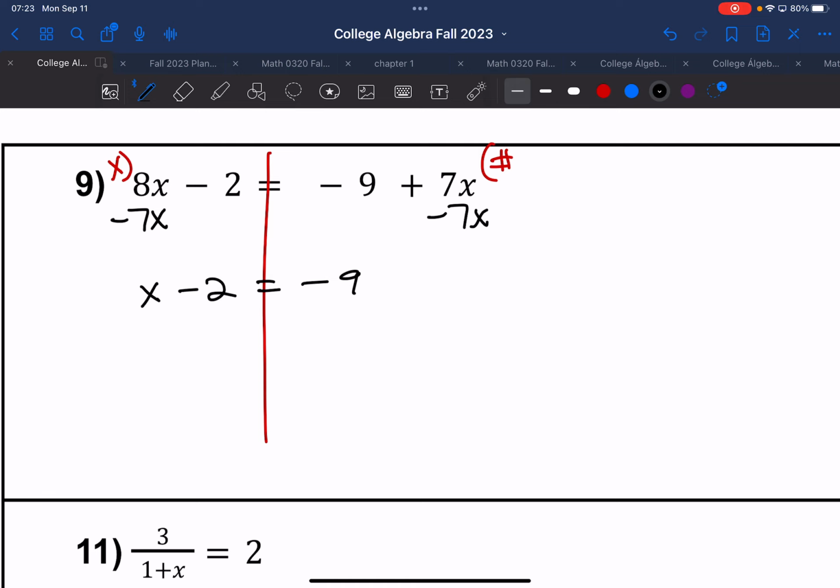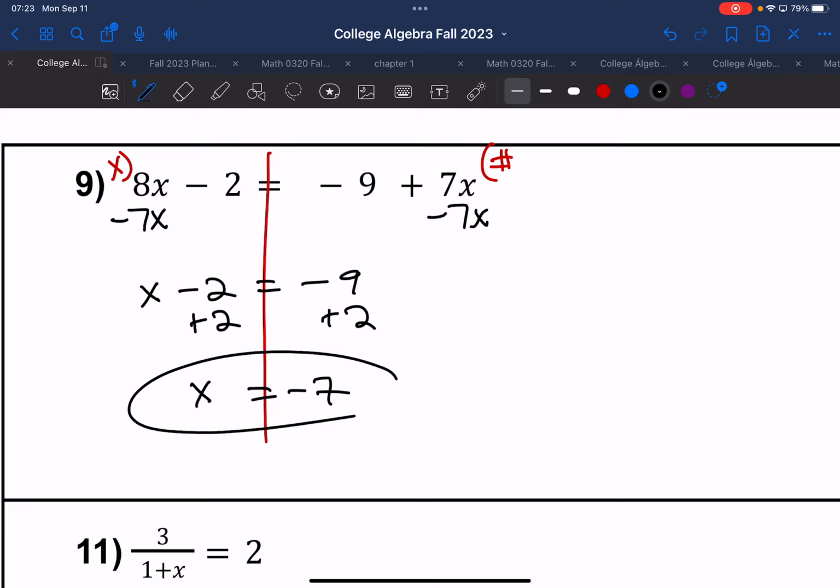And then what's my last step? Add 2 to both sides, and I get x is equal to negative 7. No matter which side you end up choosing to move your variables or numbers, you're going to get the same answer always.